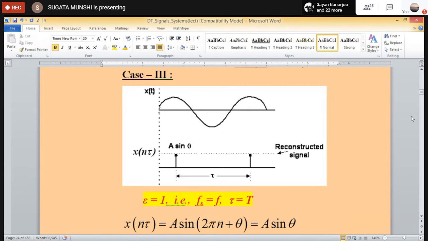If I had started the sampling at any one of the zero crossings, all sample values would have been 0. So sampling at zero crossings yields no information. If Fs is equal to f and the sampling takes place at zero crossings, then at the output you don't have any information. It's 0. All the sample values will be 0.